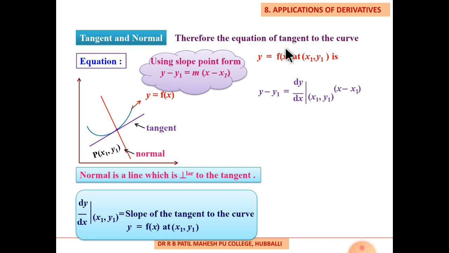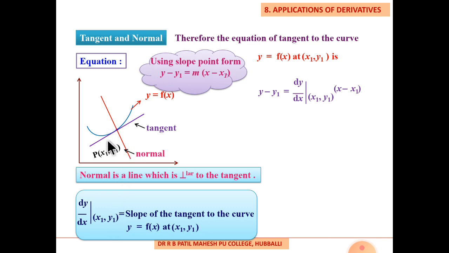So students, the equation of the tangent is nothing but the equation of this line. For this line, a point is given, that is (x1, y1), and the slope of the line is dy by dx at (x1, y1).